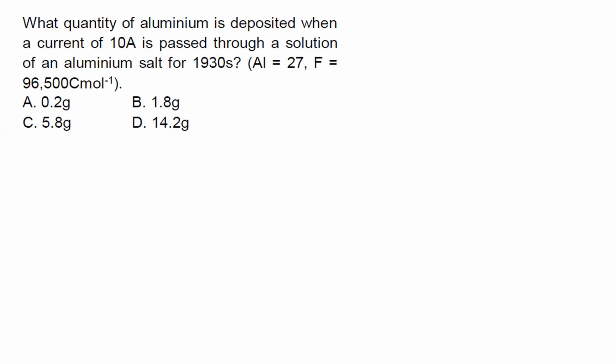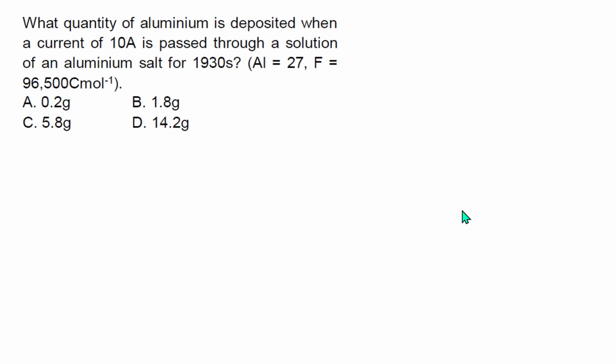Therefore, we know that in electrolysis we have a formula. Remember that according to the first law of electrolysis, that is Faraday's first law, the mass of an element discharged during electrolysis is directly proportional to the quantity of electricity that passes through it.